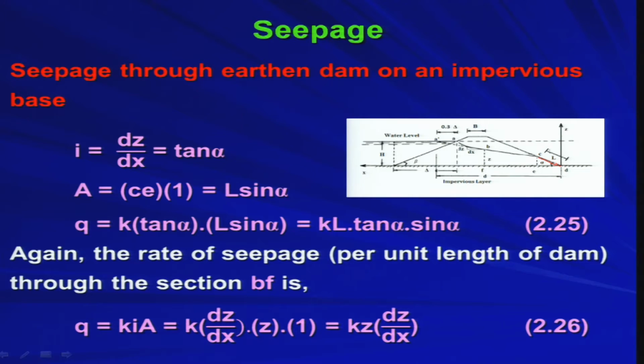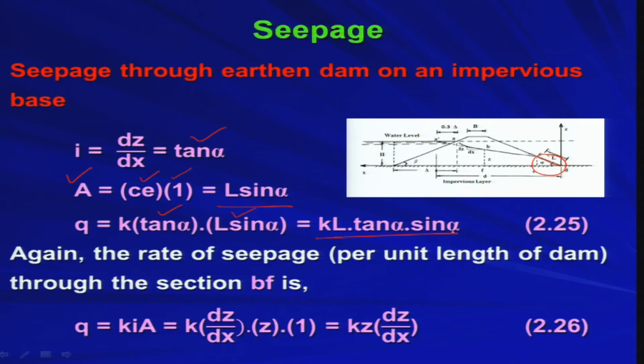The cross sectional area along line CE is the length of CE into unit length normal to the board, so A is equal to L sin alpha from the triangular relation. Therefore, q is k into I, where I is tan alpha, into L sin alpha, which is A. So the rate of seepage is k L tan alpha sin alpha.